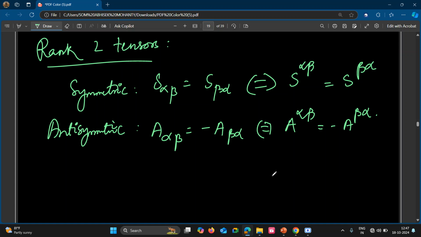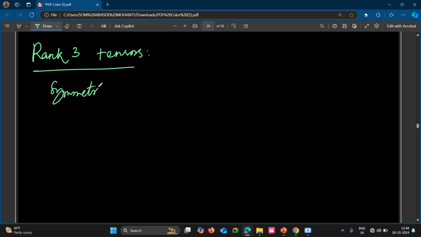Let's see for rank 3 tensors. For this one there is partial and complete symmetric. Let's suppose a symmetric tensor. Partial symmetric is what?